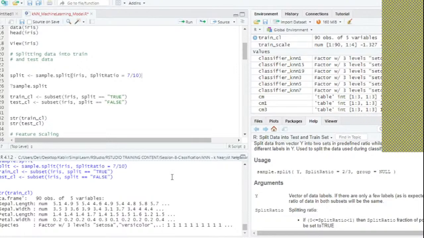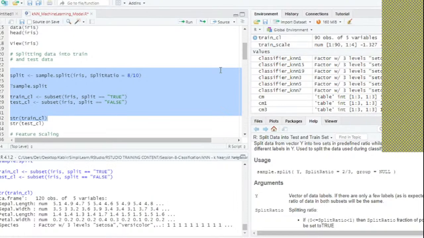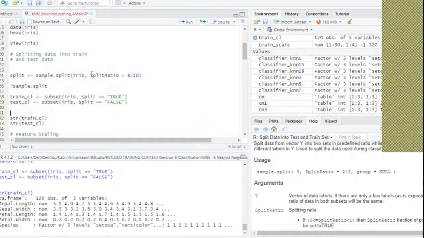If I put 8, it's taking that. But when I put 7, that ratio is not being maintained because it's a smaller data set. So that is why it is not picking up 105.